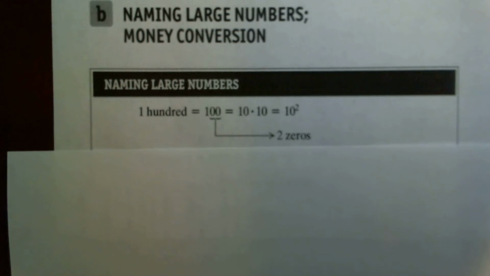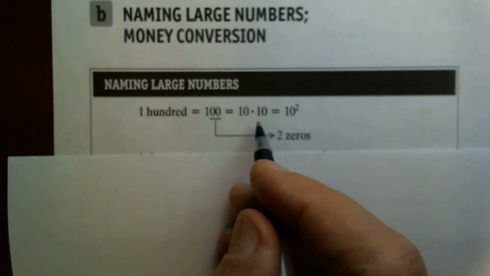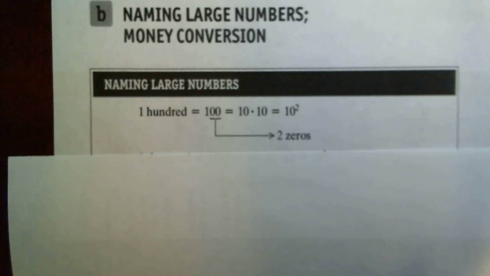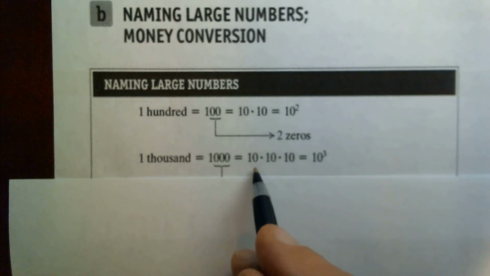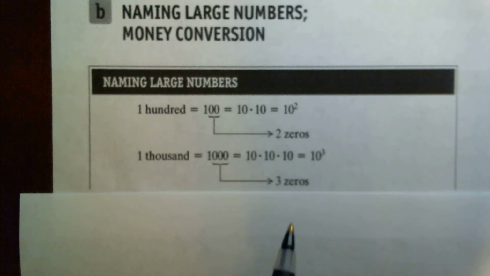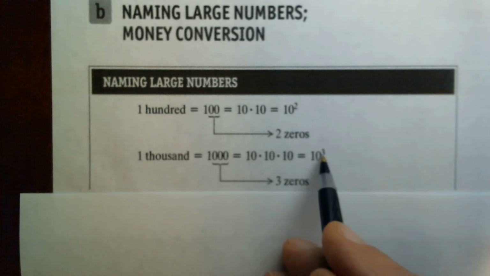Part B is about naming large numbers and money conversion. And the large numbers you're probably familiar with, like 100. We have 2 zeros, which is 10 times 10, or 10 to the second power. Or 1,000, we have 3 zeros, which is 10 times 10 times 10, or 10 to the third power.